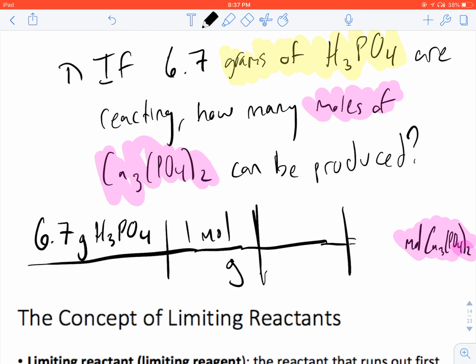And once we do that, we need to use a mole ratio to convert to moles of calcium phosphate.